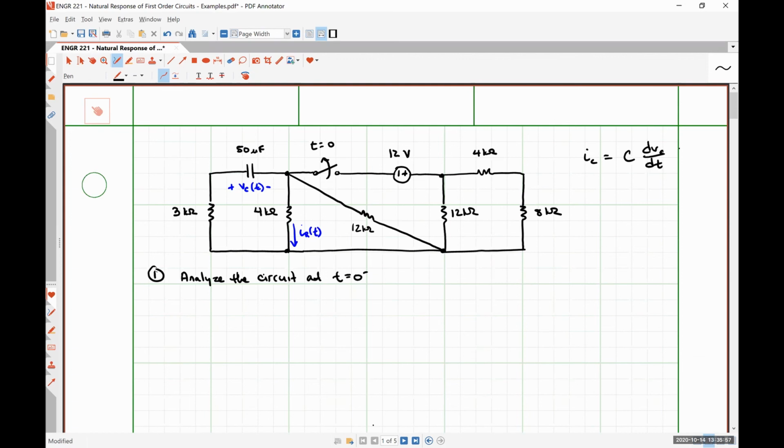So if the voltage isn't changing, then we know that the current should be 0, which is why we're replacing it with an open circuit. So our circuit at t is equal to 0 minus is going to look like this. Our switch is closed, so I'm replacing it with a short circuit.